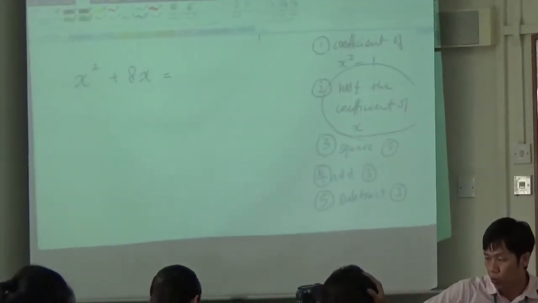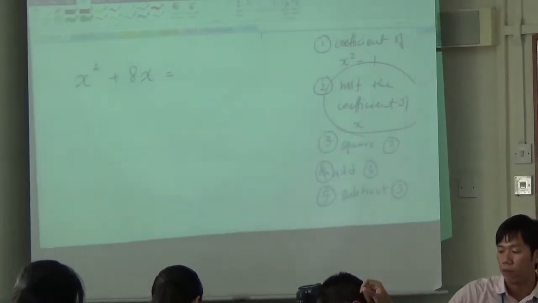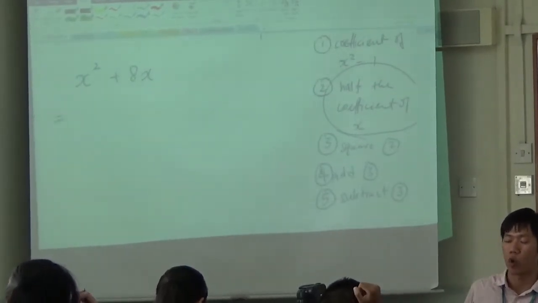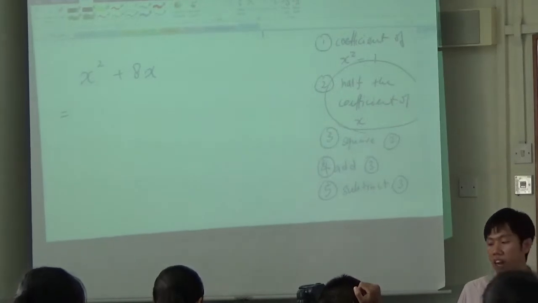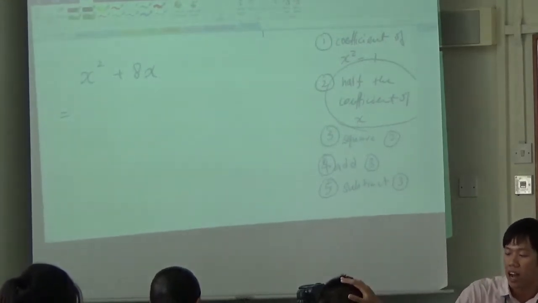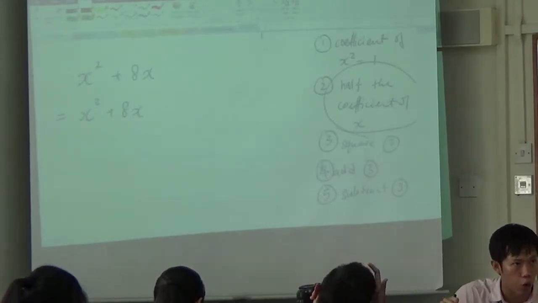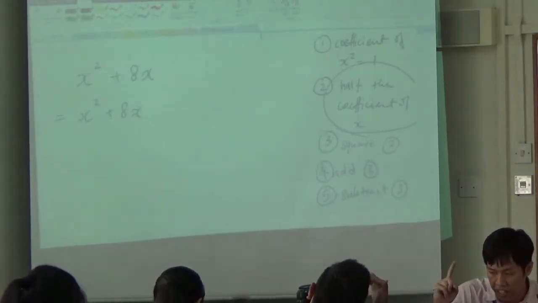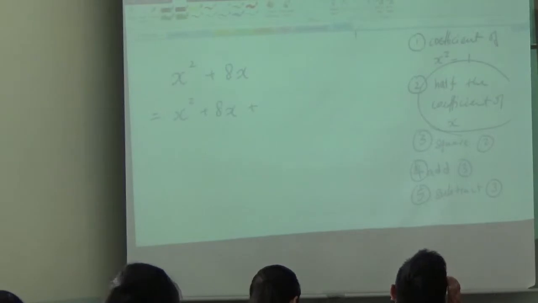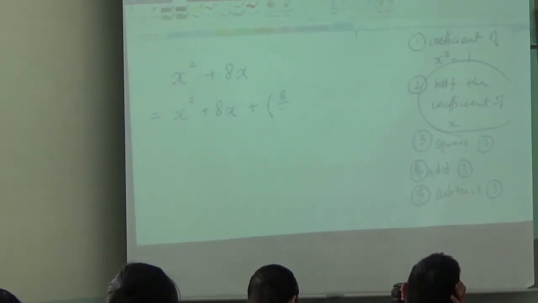Now we'll follow these steps. Step number 1, the coefficient of x squared is 1. Let's move on to step 2. Let us half the coefficient of x. What is the coefficient of x? It is 8. We are going to halve it, and that will be 8 over 2, and we are going to square it.